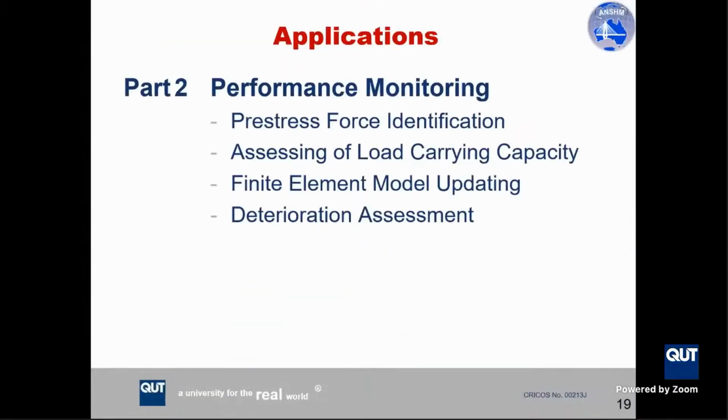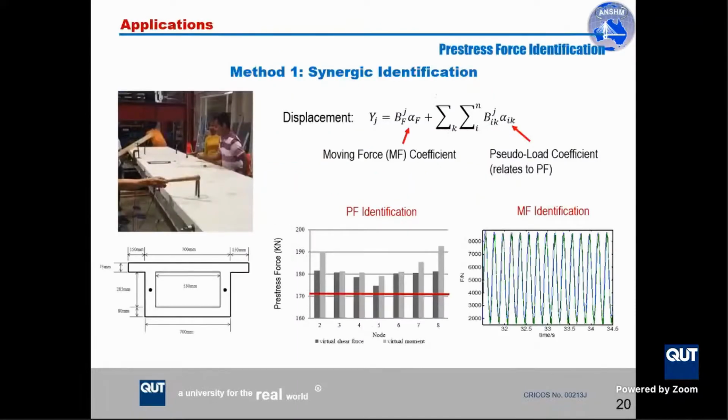Apart from the research on structural condition assessment, our group also conducts research on performance monitoring, such as studies on prestress force identification, load carrying capacity assessment, finite element model updating, and deterioration assessment. Regarding studies in prestress force identification, our group has developed three different approaches.